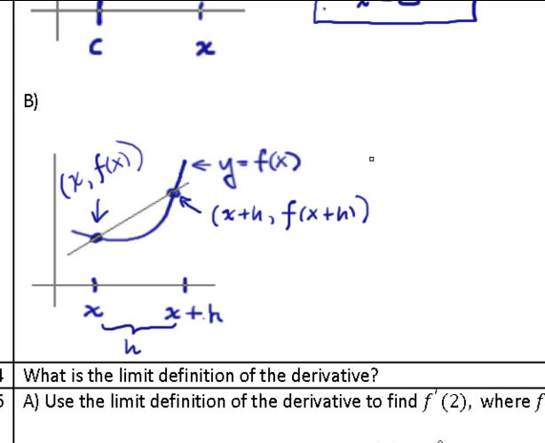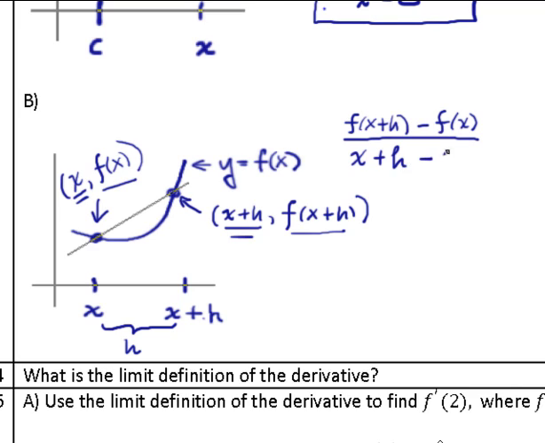So let's write down the formula for the slope. So we have first the y values, take the difference, and we have f of x plus h minus f of x. And now in the denominator, the x values, just take the difference, and we have x plus h minus x. Okay, this simplifies, because here in the denominator we just have h, so it's f of x plus h minus f of x over h.